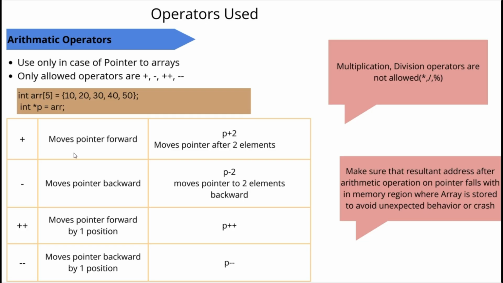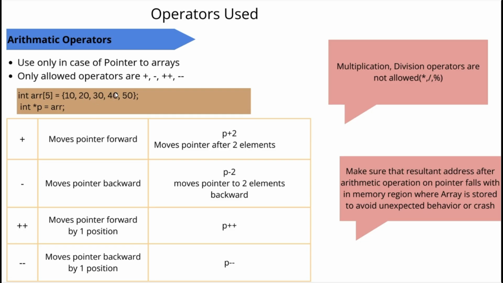Plus means move forward. If you do p plus 2, the pointer will move by two objects. Let's say you are at 10, plus 2 will move to the address of element 30. And minus means backward.